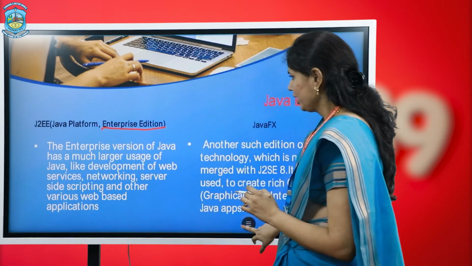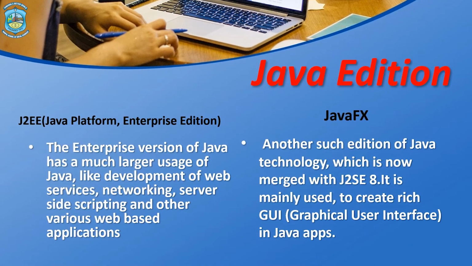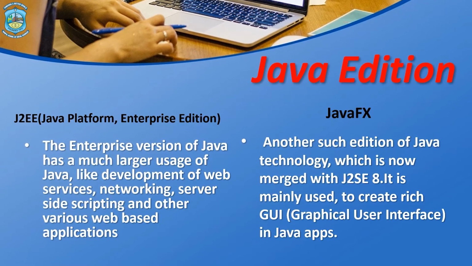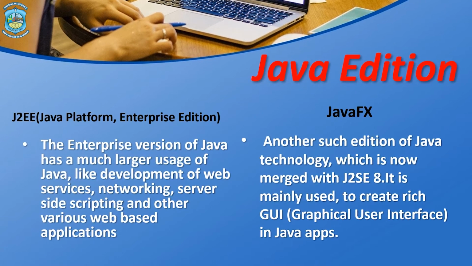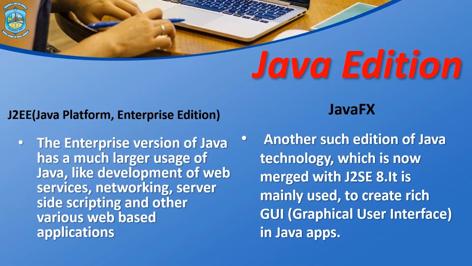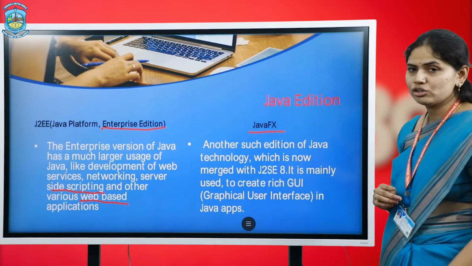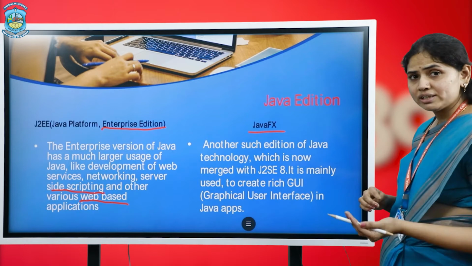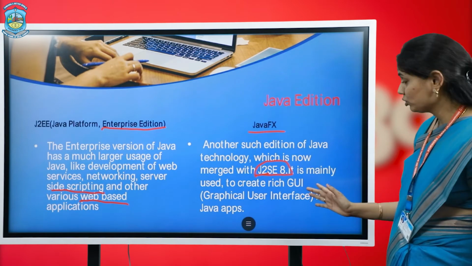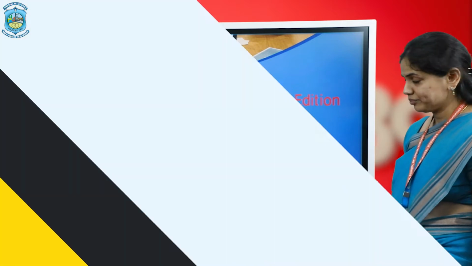Enterprise Edition has much larger uses, as with its help we can develop web services, server side scripting and web based applications. Then JavaFX, another edition of Java technology which is now merged with J2SE 8. It is mainly used to create graphical user interfaces in Java apps.